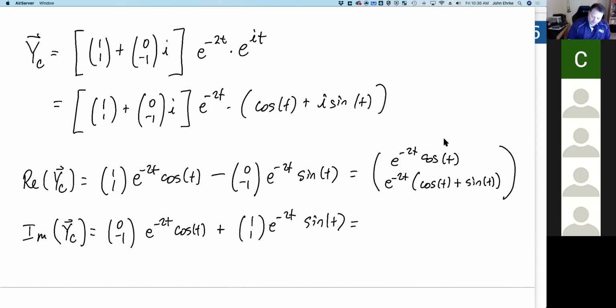And the second real solution vector will be, read across the top, e to the -2t sine t and e to the -2t negative cosine plus sine.